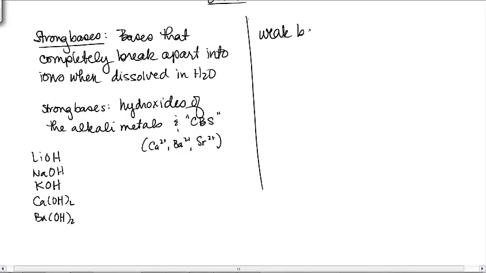Weak bases do not completely break apart into ions when dissolved in water.